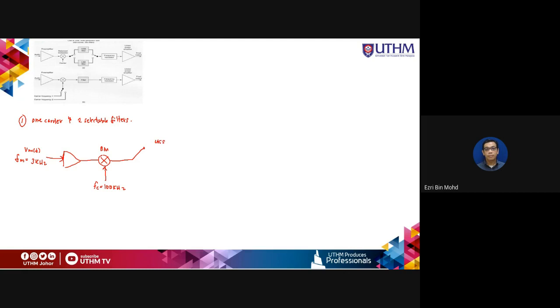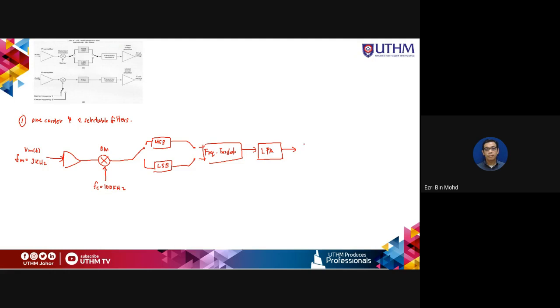And then the output will go to either the upper sideband filter or the lower sideband filter. So in this system, we can choose either the USB element or the lower sideband element to be transmitted. And then we have a frequency translator before going to some amplification, low power amplification.